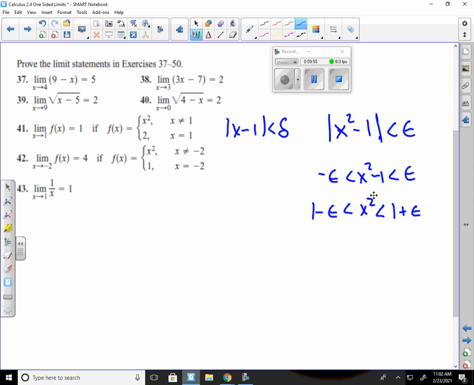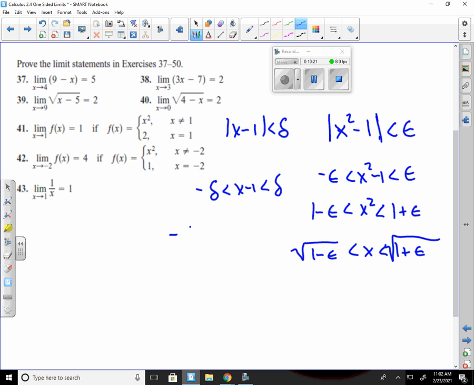Take the square root to get rid of that. It gives me the square root of 1 minus epsilon is less than x is less than the square root of 1 plus epsilon. Now I have what my x values are, and I'm going to plug them in up here. First, I have to solve this out. Negative delta is less than x minus 1 is less than delta.